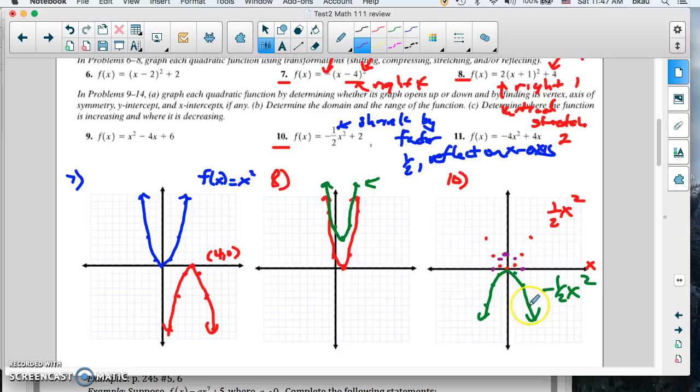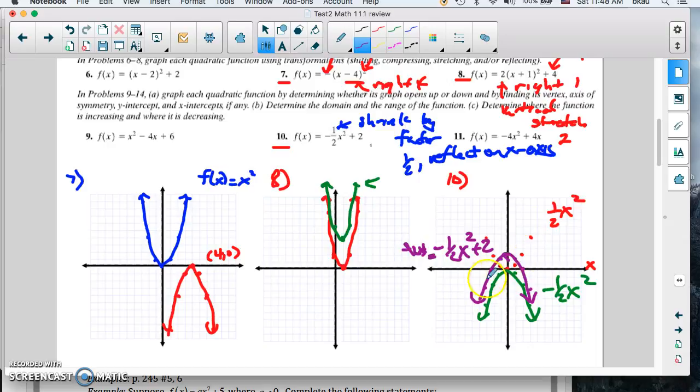And then this one, you got 4.5, so that's going to be 2.5. So it moves to here on both sides. So this would be my final graph of f of x equals negative 1/2 x squared plus 2.